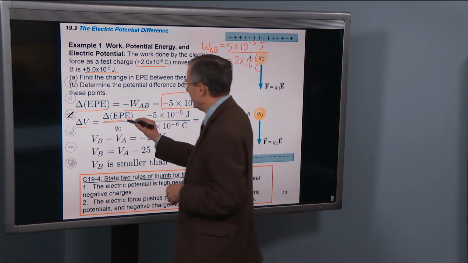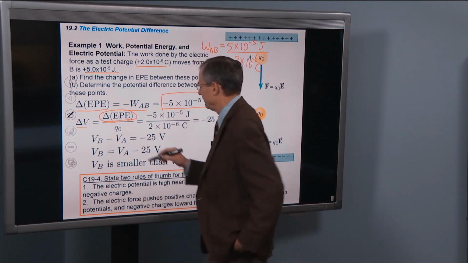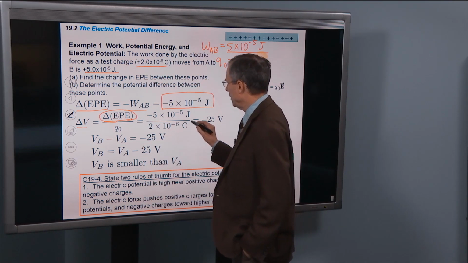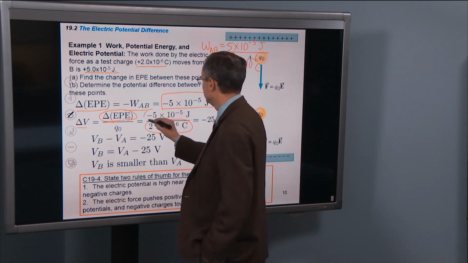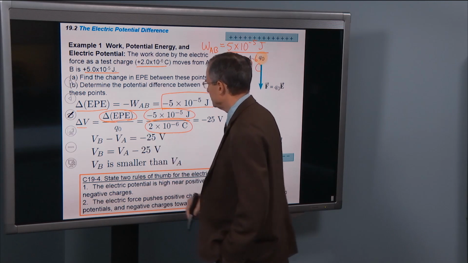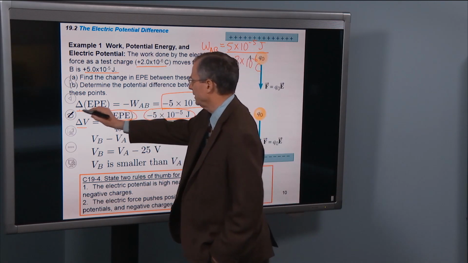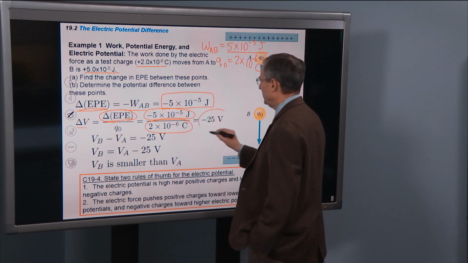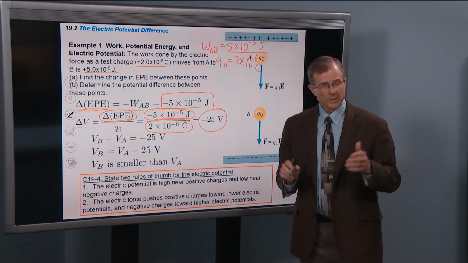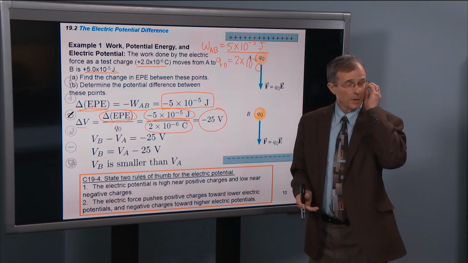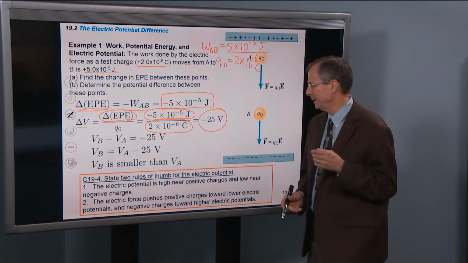And then this is equal to the negative of the work done. So we know what the charge is. Here's the negative of the work done, aka the change in the electric potential energy that we calculated in part A, and that gives us a voltage difference of 25 volts. You say, is that kind of like maybe double a car battery? I say, yeah, that's what we're talking about here.